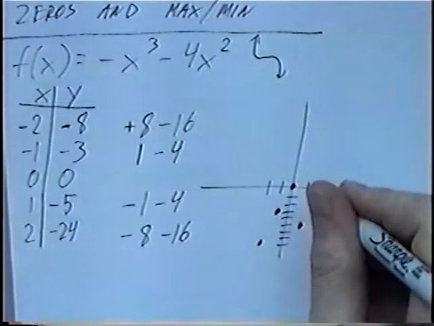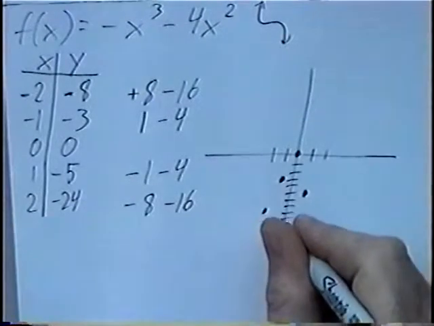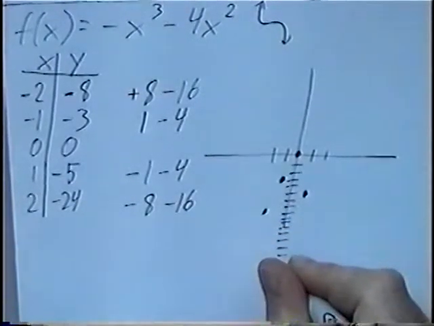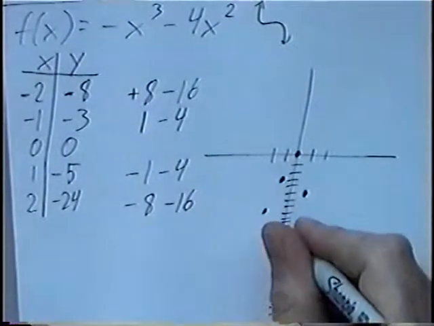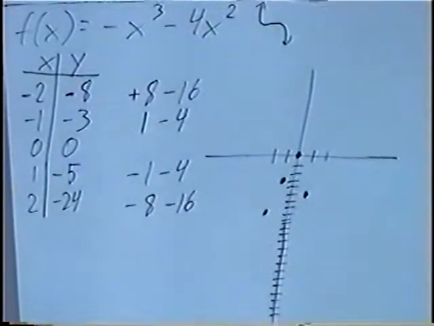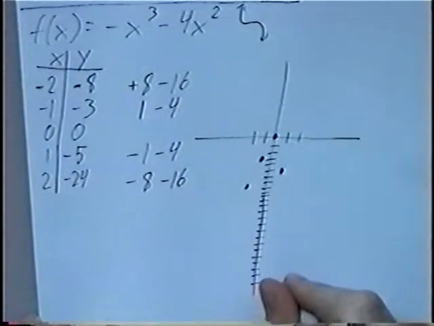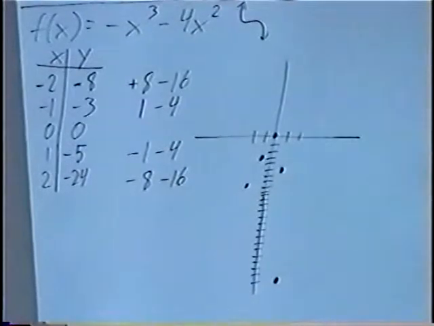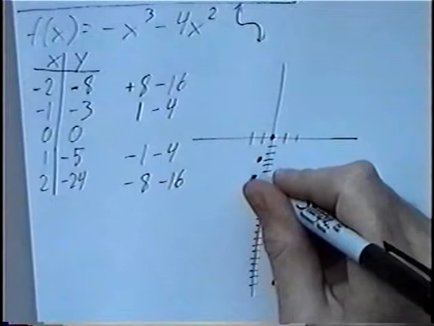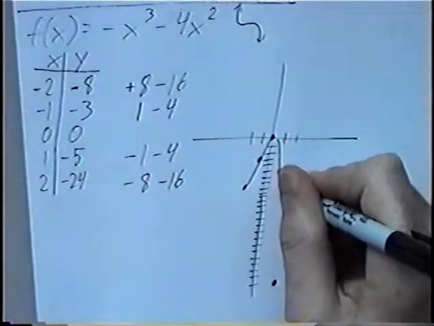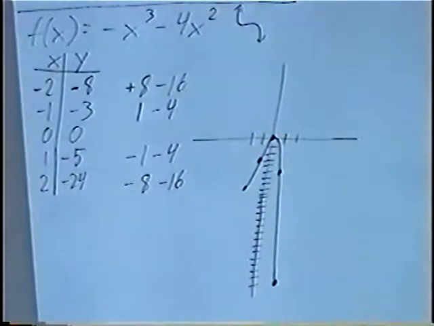And 2, -24. The 5 points again, we can connect in order from left to right. And that'll be the graph for this function so far.